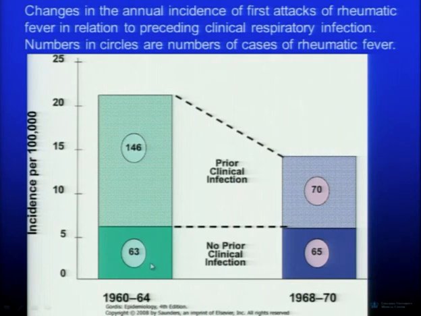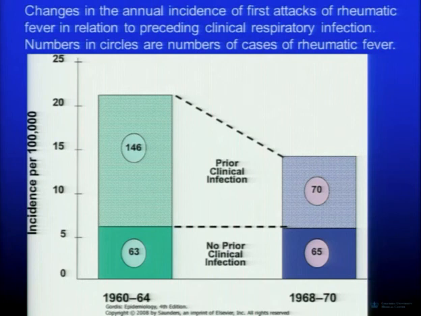If there was no prior clinical infection, of course there wasn't any sore throat or anything to take care of, and there was no change in the rates. But in those people that actually had a prior clinical infection, they had a huge drop in the rates. So all of the decline in this rheumatic fever incidence was limited to those with a prior clinical infection, making it seem that the program did work.